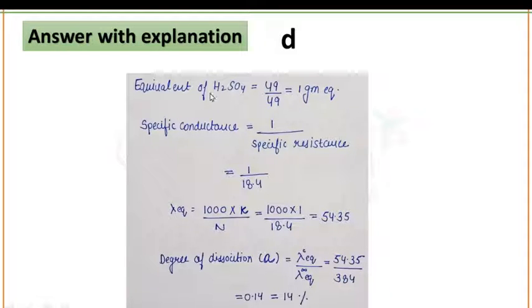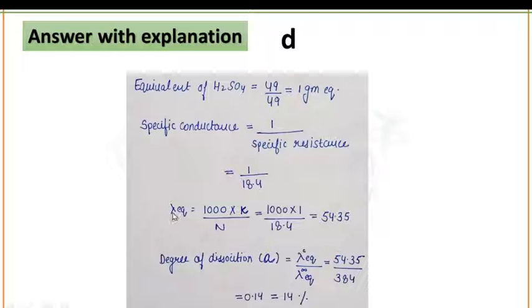So here you have to calculate the value of lambda EQ. The equivalent weight of H2SO4 is 49 and the mass is 49, so 1 gram equivalent weight is for H2SO4. Specific conductance is equal to the inverse of specific resistance, and you know it very well.